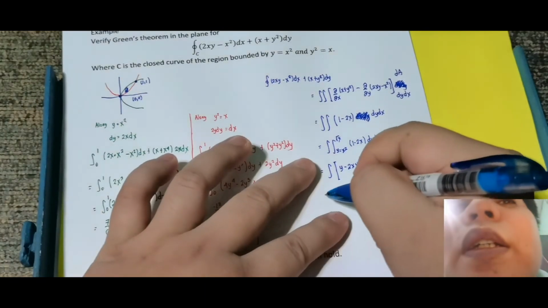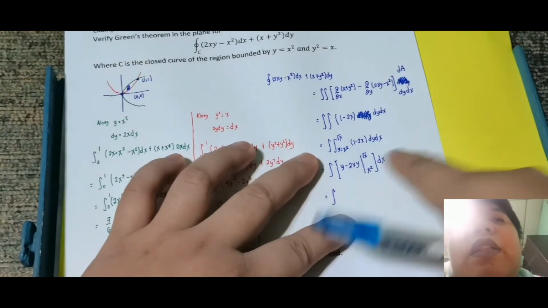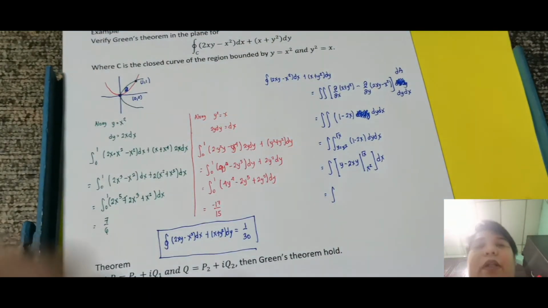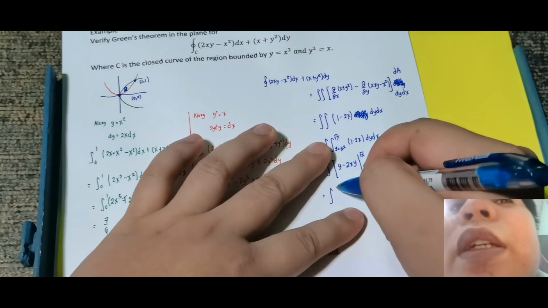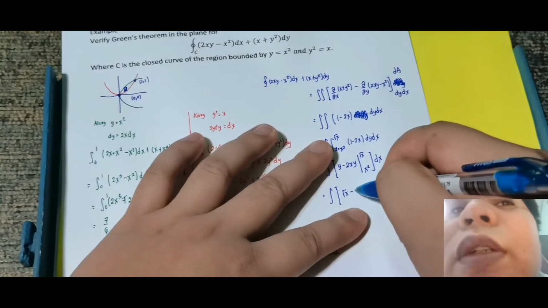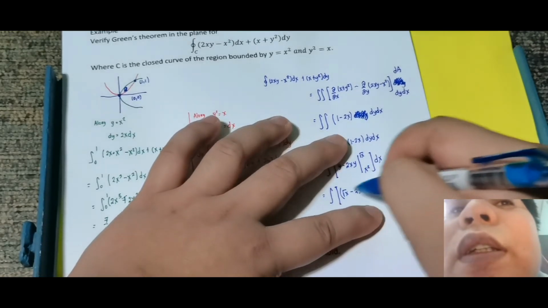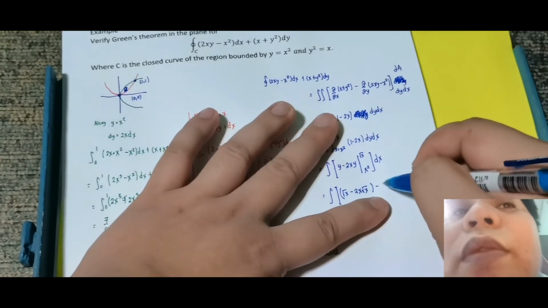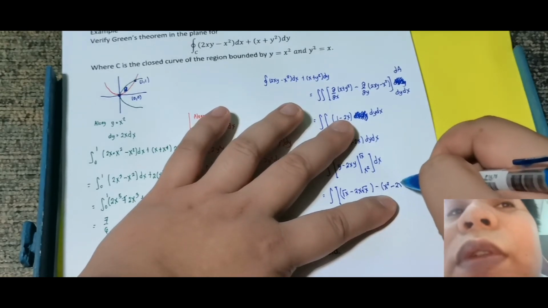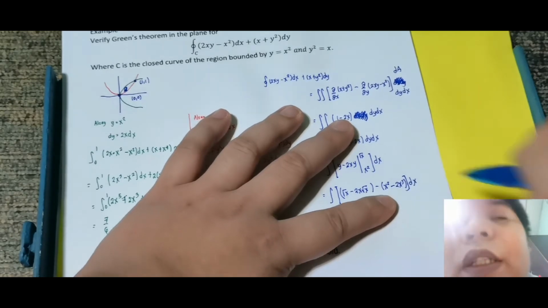Lahat ng y papalitan natin square root of x. So this is simply square root of x minus 2x square root of x. Yan yung una. Then minus x squared minus 2x cubed. Okay, then may matitirang dx.